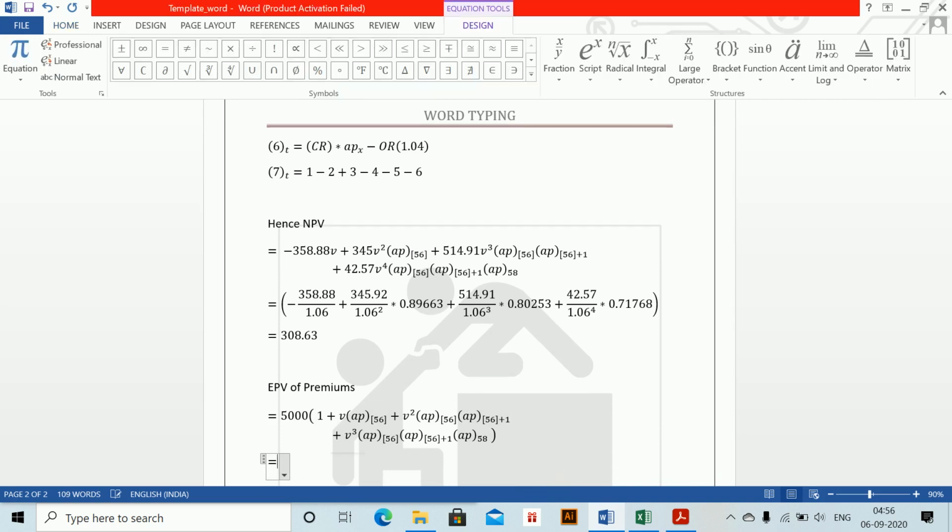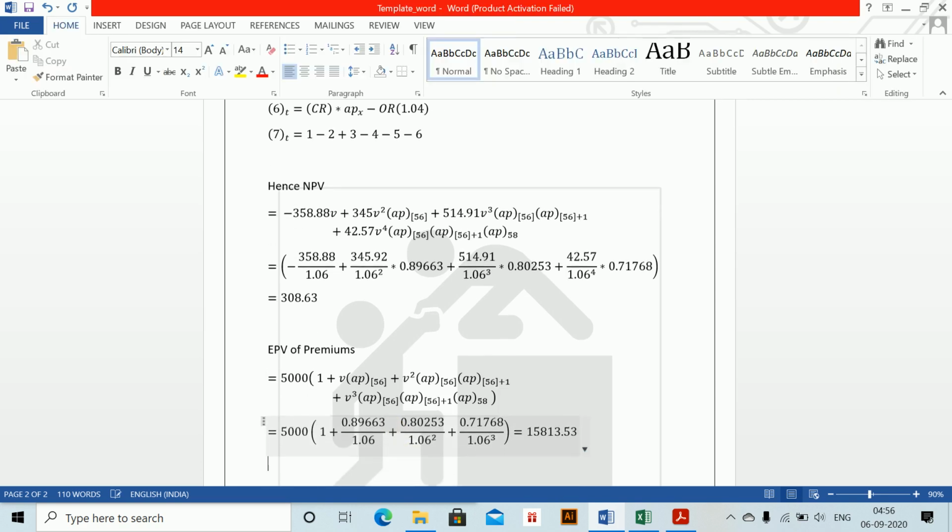Calculating this is again equal to 5000 into 1 plus 0.89663 divided by 1.06 plus 0.80253 divided by 1.06 square and plus 0.71768 divided by 1.06 to the power cube. So this is equal to 15813.53.